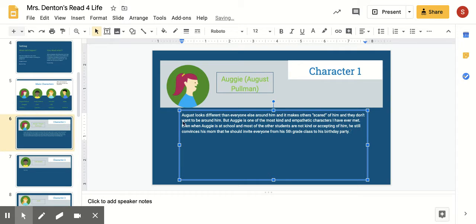I'm going to actually go to that page in my book, which was on page 66, because what Augie says to his mom I found is important.